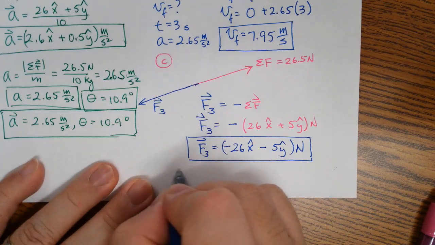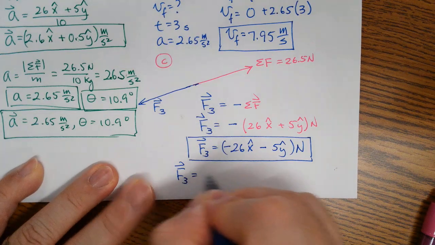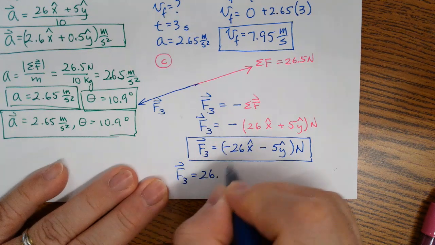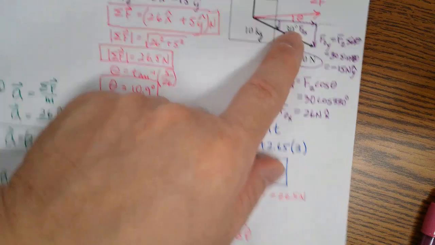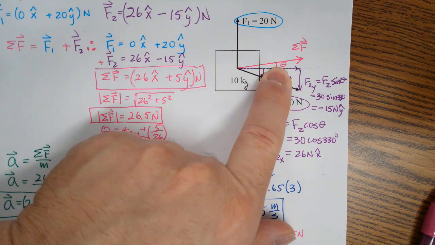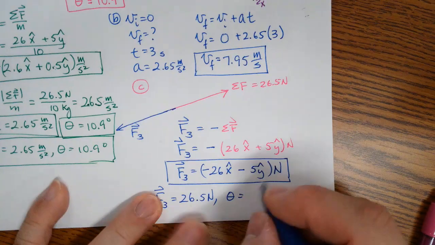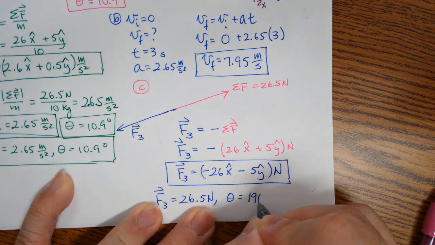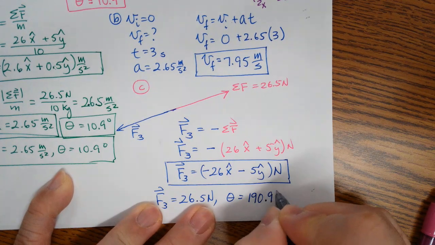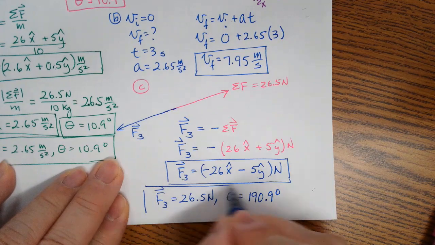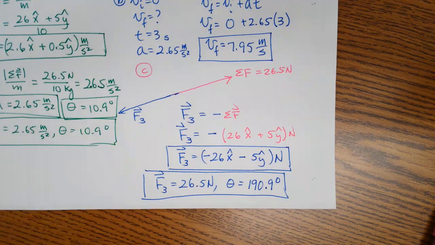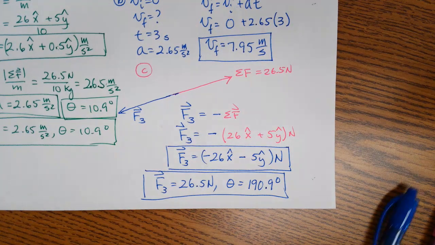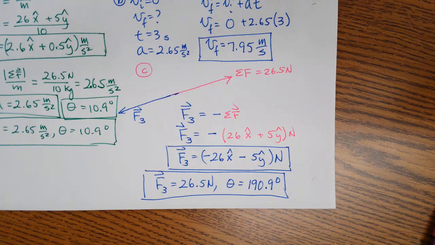Or you could say F3 is equal to 26.5 newtons, where theta is 180 plus this theta right here, which is the opposite direction. So 190.9 degrees. Voila. Any questions?